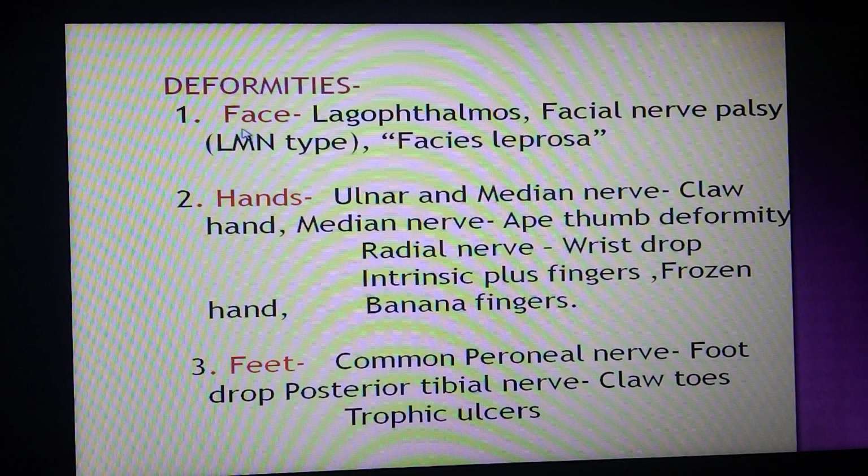The deformities in the case of the face: lagophthalmos, facial nerve palsy, which we call LMN type, and facies leprosa. In the case of hands: ulnar and median nerve, claw hand; median nerve, ape thumb deformity; radial nerve, wrist drop; intrinsic plus fingers, frozen hand, then banana fingers.